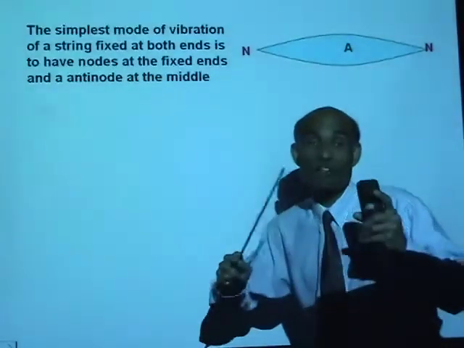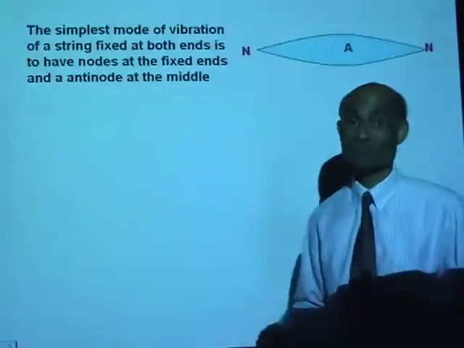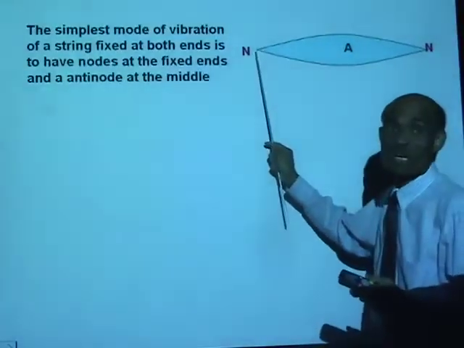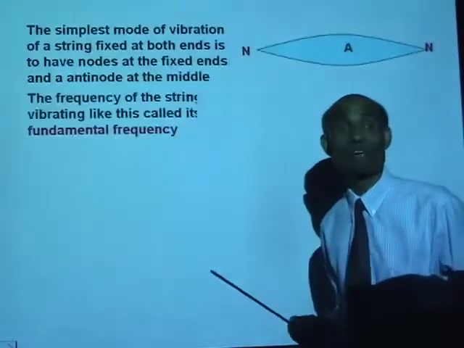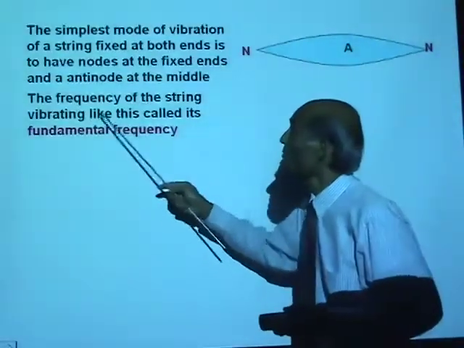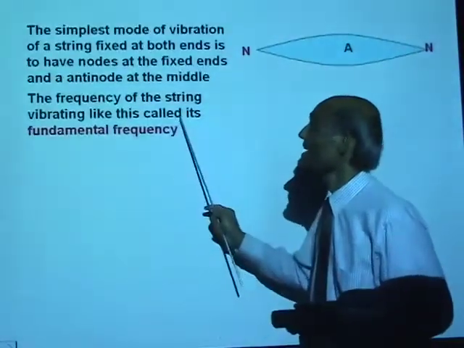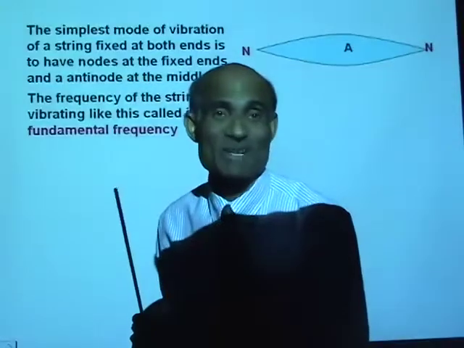The complete length of the string now contains how many wavelengths? The distance between two adjacent nodes is half of a wavelength. Is that right? Now, the frequency of the string vibrating like this is called the fundamental frequency of the string.